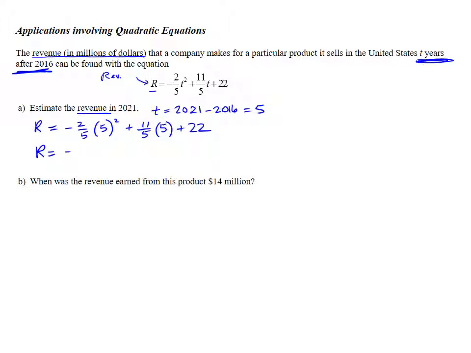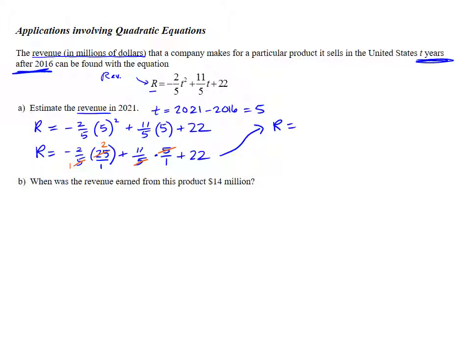I'll just show that out real quick. Negative 2/5 times 25, always square first. Now when you go to multiply a fraction by a whole number, write the whole number over 1. So that's 5 over 1, and this 25 is going to be over 1 as well, plus 22. And remember, when you're multiplying fractions, you can cross cancel. So this 5 cancels, leaving 1. The 5 here goes into 25 twice. So that makes our life a little bit easier when we go to get this calculation.